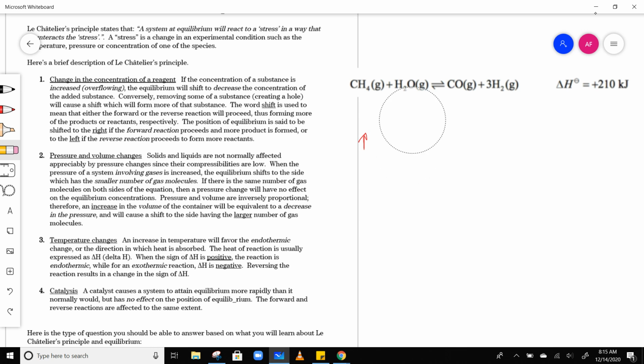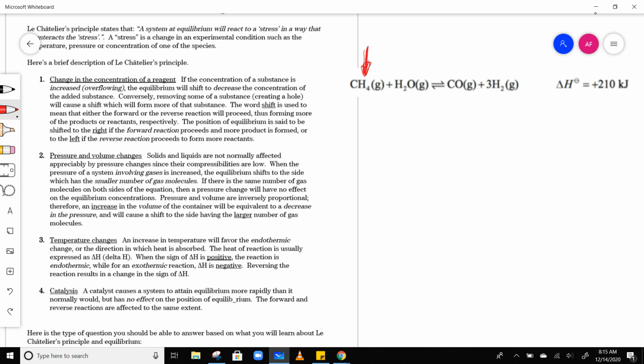Okay, so anytime you add something more, it's going to shift away from that direction. I always say it overflows. On the opposite end, if we remove it, so if we remove CH4, it goes down. That means we're going to need more of it.